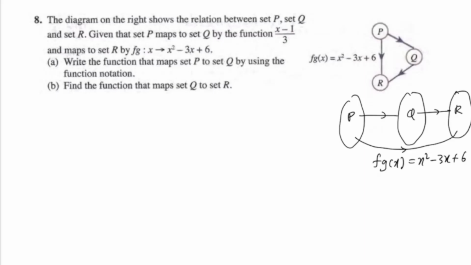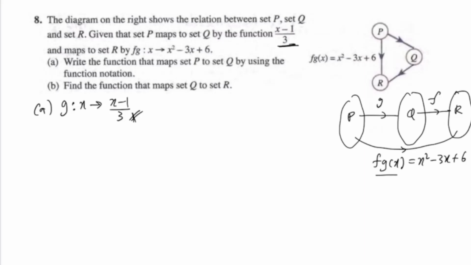When we say fg(x), it means g happens first, followed by f. So the function that maps p to q is basically function g(x). But we want to write in function notation: g: x → (x minus 1) over 3. It is given here. Yeah, p is mapped onto q using this function.